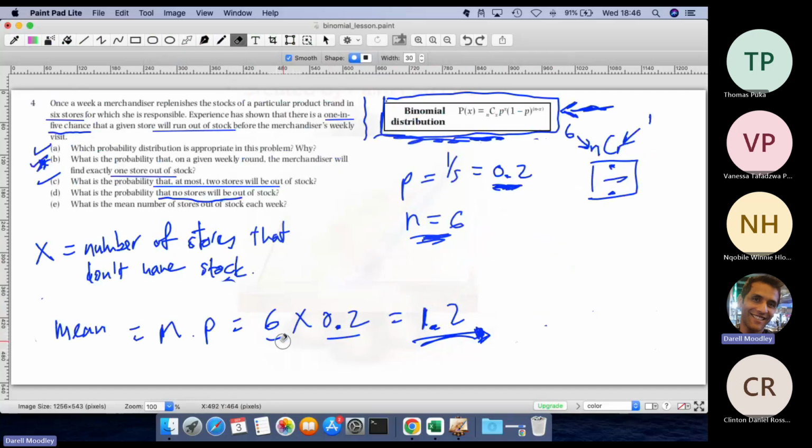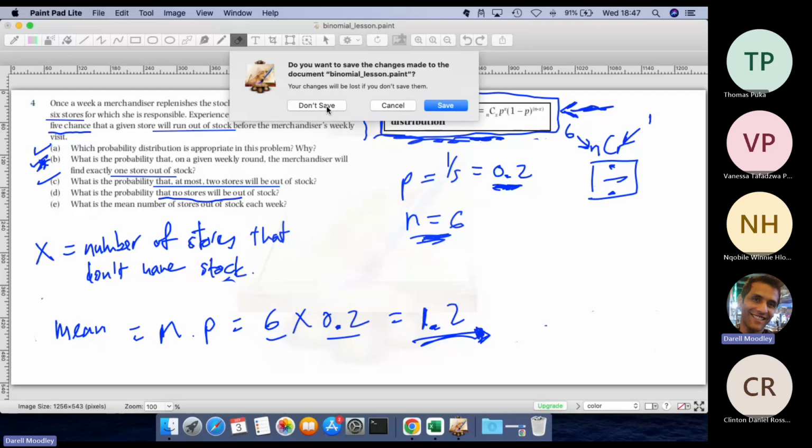The chance of a store being out of stock is 0.2, and the number of stores is 6. So you multiply your n and your p, and that's the average number of stores you expect to run out of stock. So that is the binomial distribution. Let's save this.